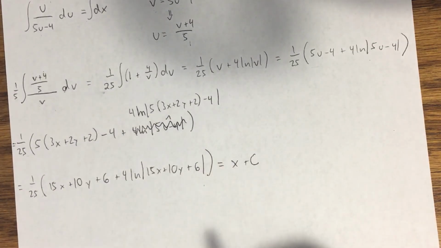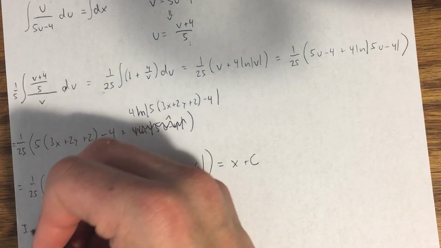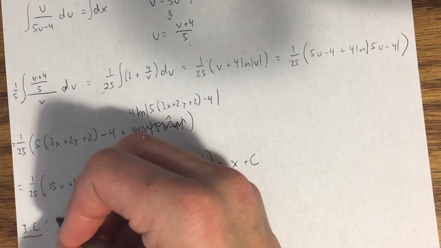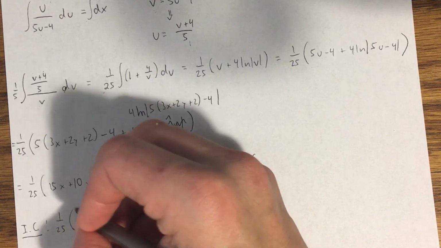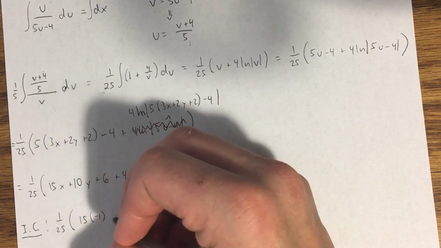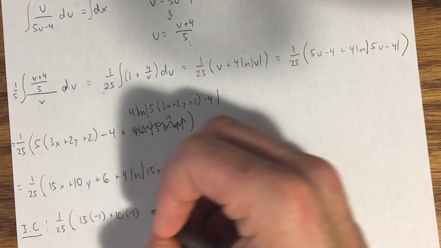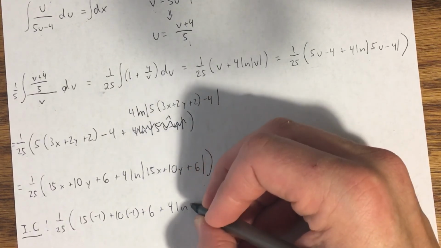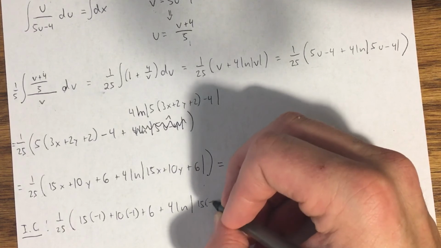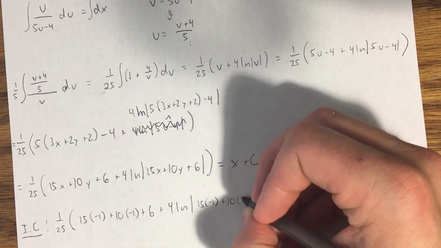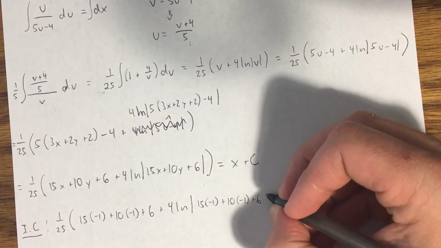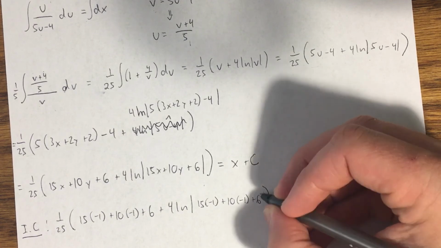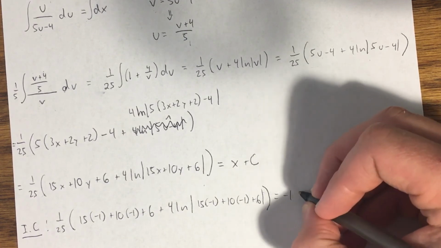So we're plugging -1 in for x's and y's here. 1/25, 15 times -1 plus 10 times -1 plus 6 plus 4 natural log of the absolute value of 15 times -1 plus 10 times -1 plus 6. Boom, like that, equals -1 plus c.